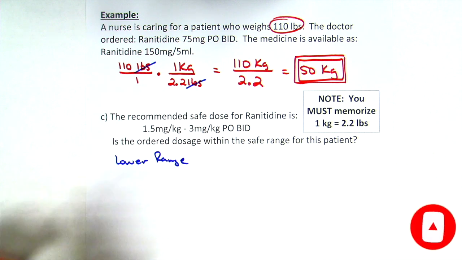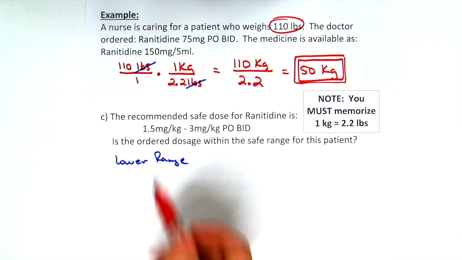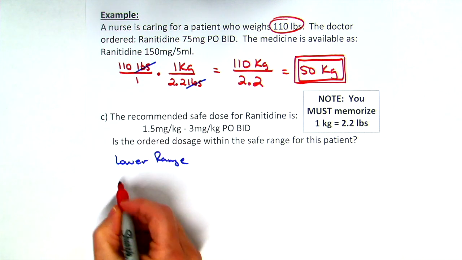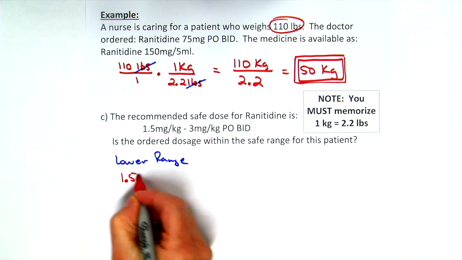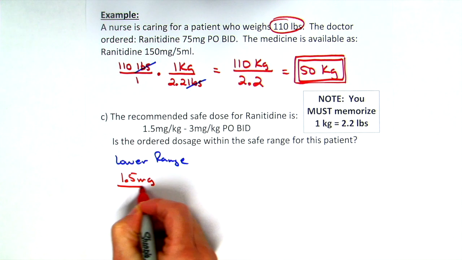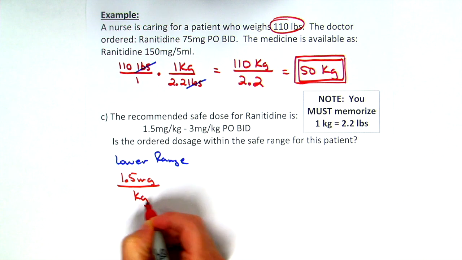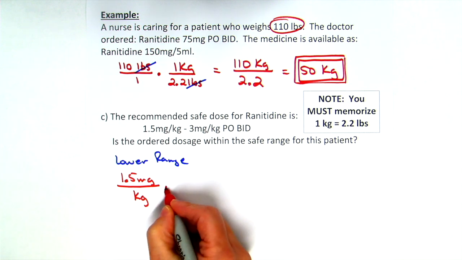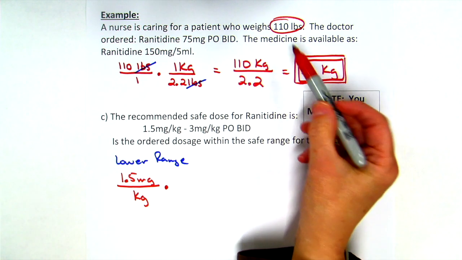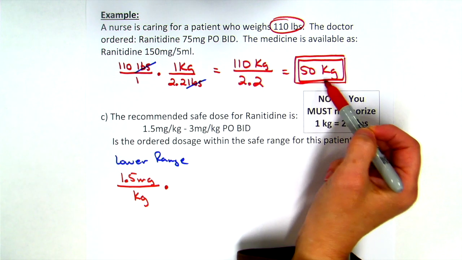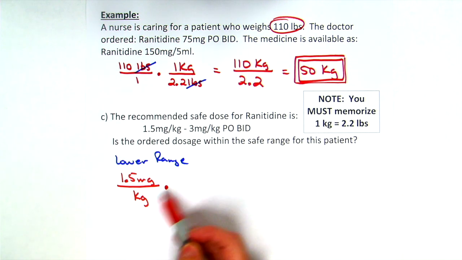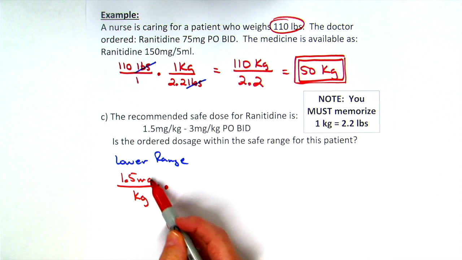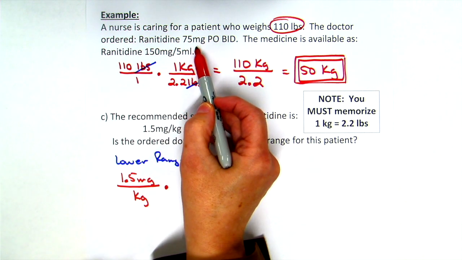Again, I'm going to use the unit analysis. So my lower range here is the 1.5 milligrams per kilogram. Then I'm going to include the person's weight, which was 50 kilograms. I want those kilograms to cross out. I'll be left with just milligrams, and that's what the order was for.